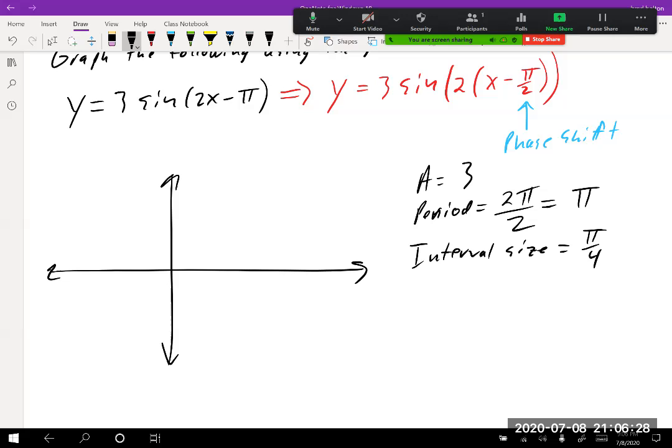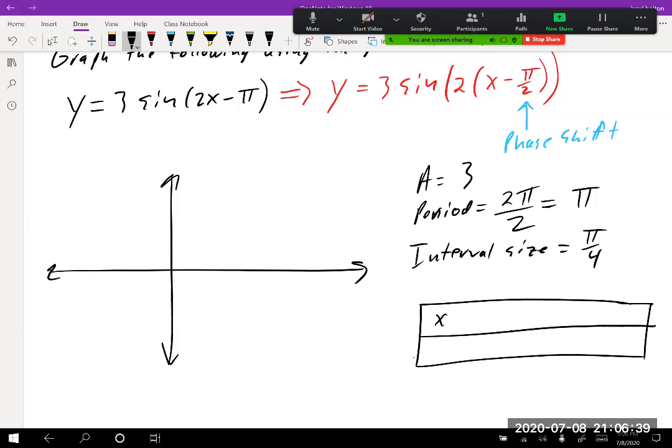So then I could graph this just like normal, but there's a problem: I have 3 sine of 2x minus pi, okay? 1, 2, 3, 4, 5. Now here's the rub.